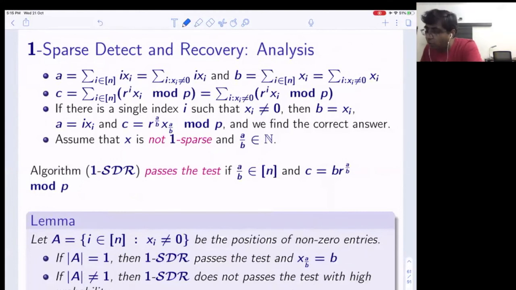Let S be all those indices 1 to n where x_i is not equal to 0, the positions of non-zero entries. If |S| is equal to 1, then this will pass the test. But if the number of non-zero entries is more than 1, then it does not pass the test with high probability.